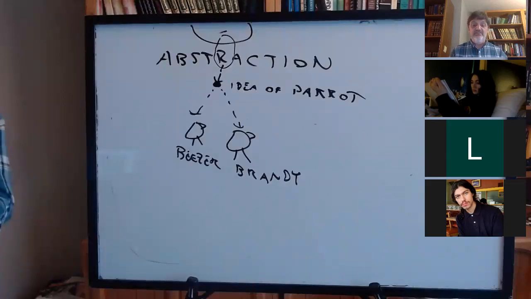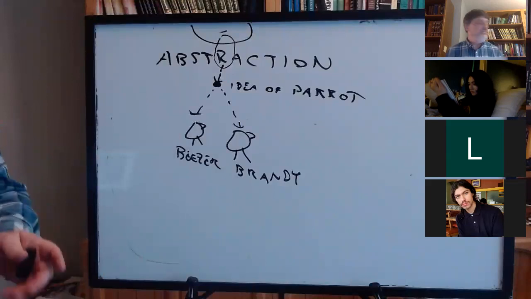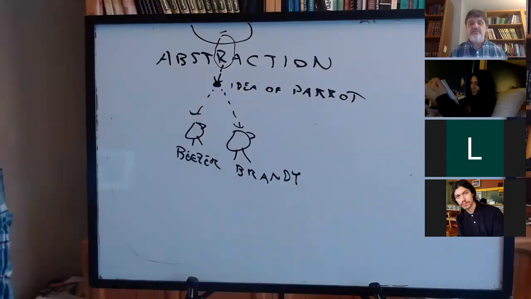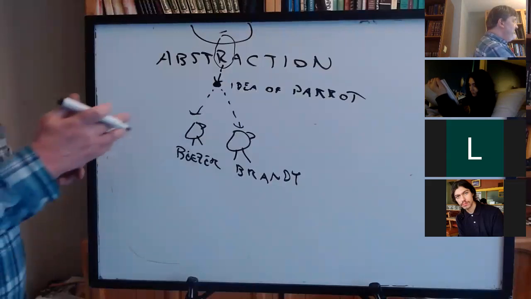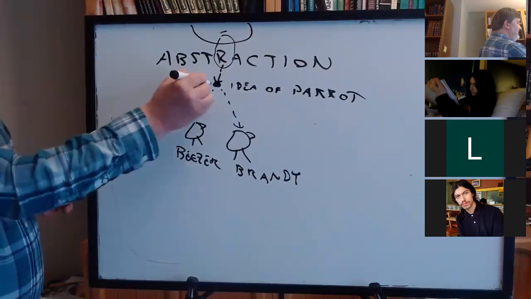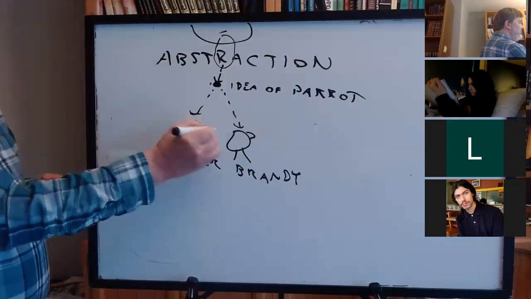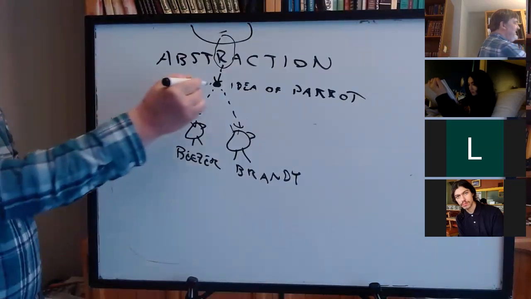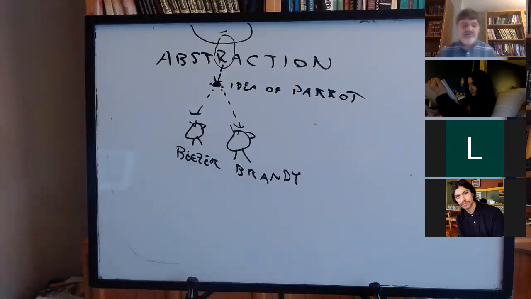So I can think either Beezer or Brandy or both of them together or all parrots together. I can represent them all using this one abstract idea of parrot. And it's because somehow the idea of parrots refers to the qualities that all parrots have in common, and therefore it contains the ideas that all ideas of parrots have in common.